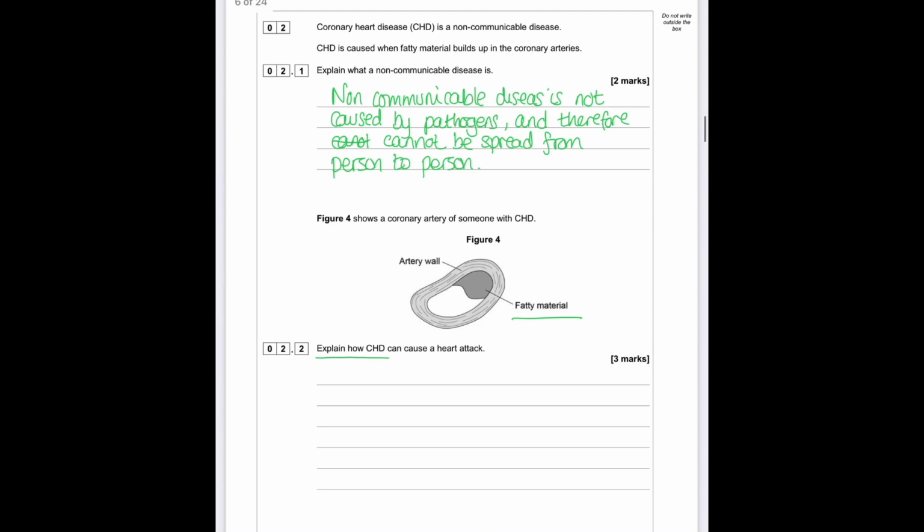So first of all, we need to state that the volume of blood is reduced due to the fatty material, and if the volume of blood circulating to the heart is reduced, then there's going to be less oxygen going to the heart, and if less oxygen is going to the heart muscles, that means there would be less respiration happening in those muscles.